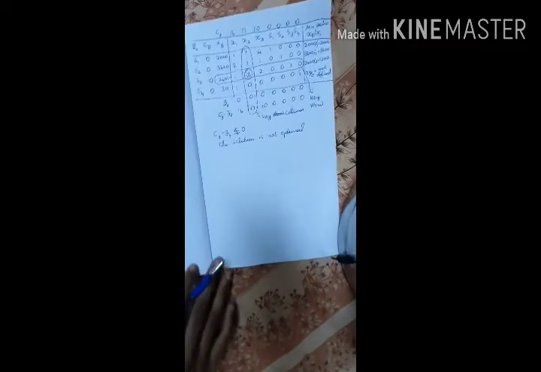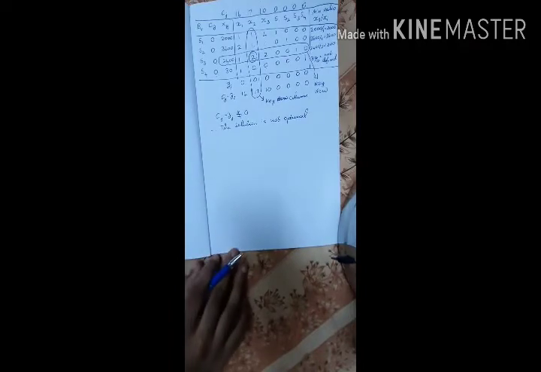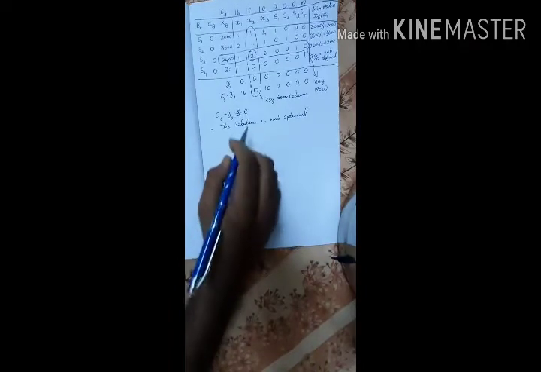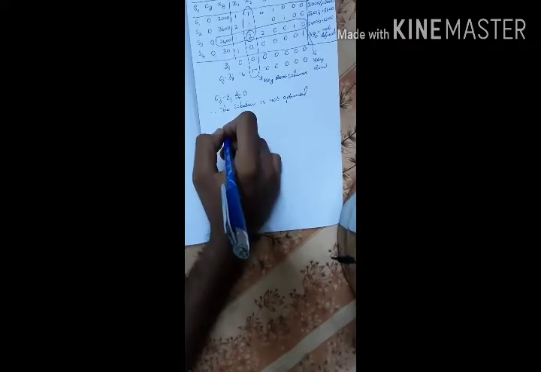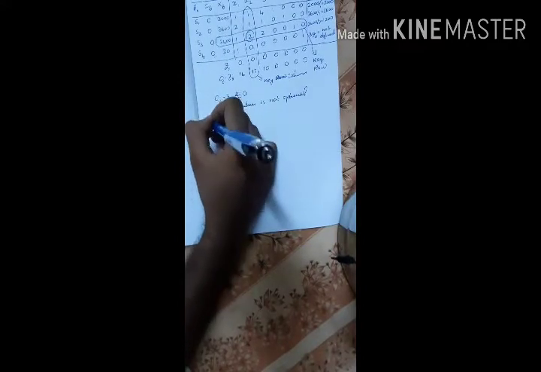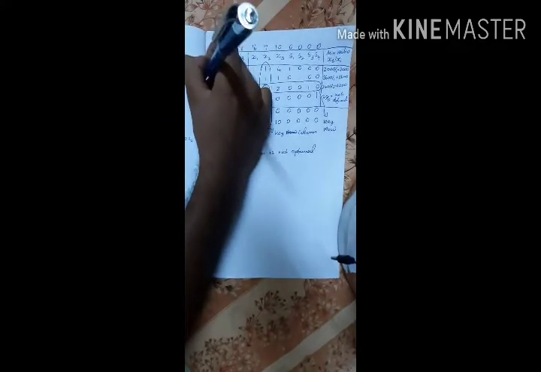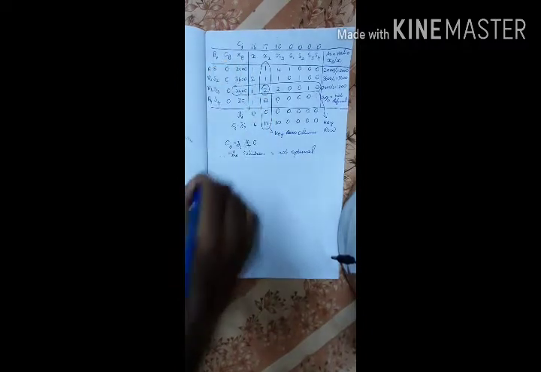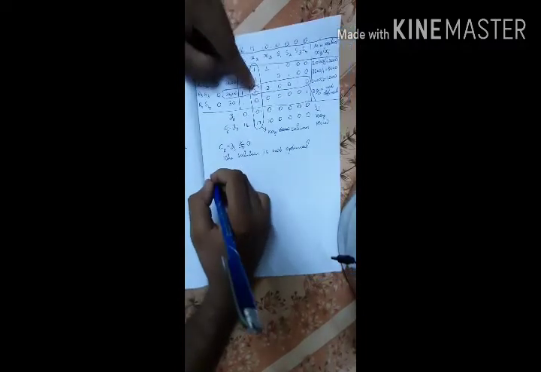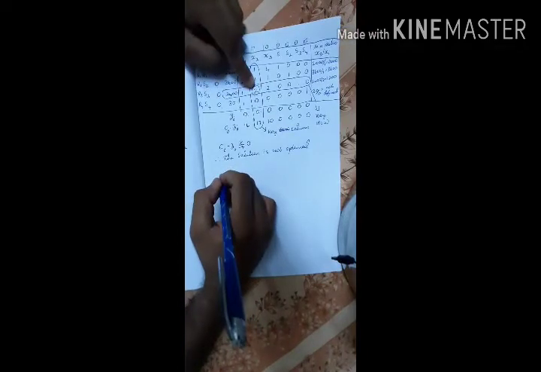So we form another simplex table. Consider these as R1, R2, R3 and R4. First we have to convert this key element to the value 1.